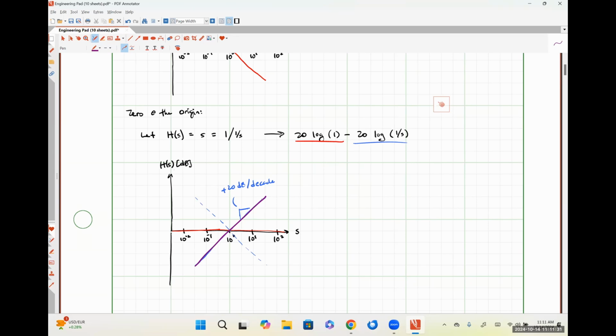If I had a transfer function of s squared, how would this graph change? It'd be steeper. So it'd be increasing at a slope of 40 decibels per decade, because I would just add another one of these and add it point by point.